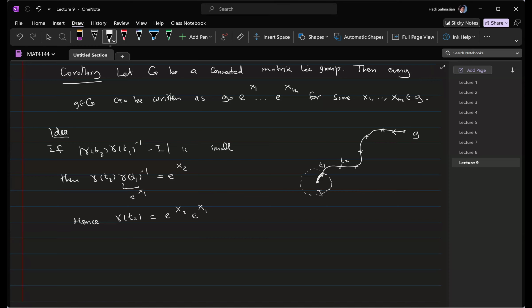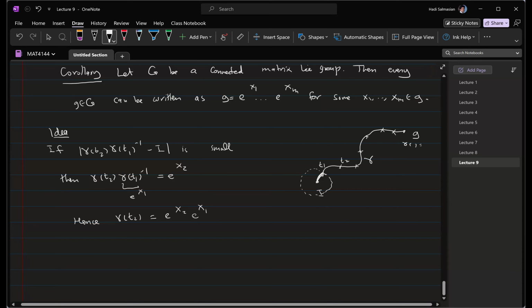You can use relations like this successively to express gamma of 1, which is G. The element G, it's not the Lie algebra, it's the element. We can use this to express this element as a product of exponentials. So that's the idea.